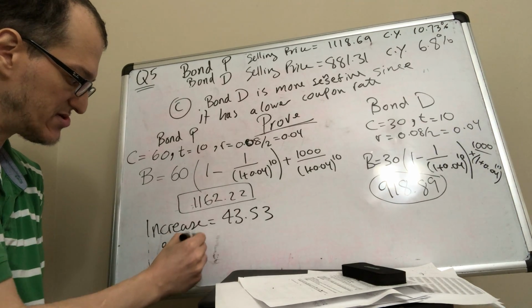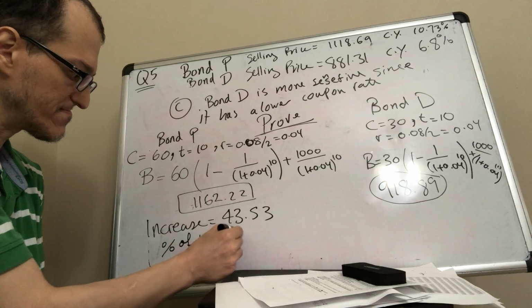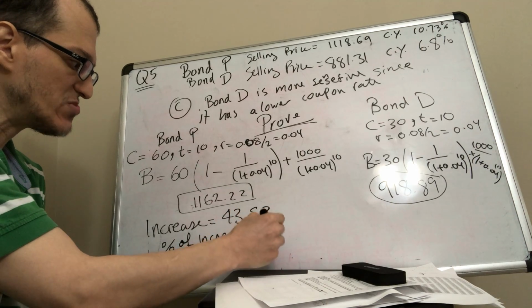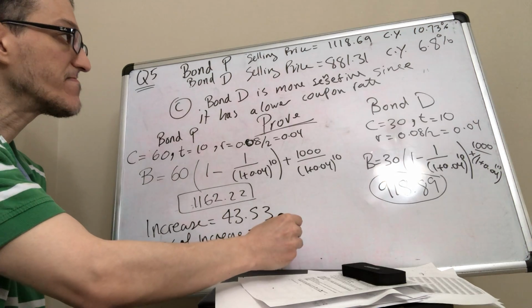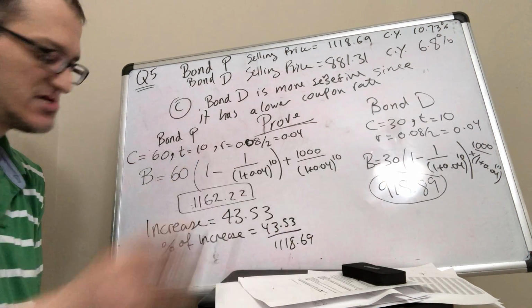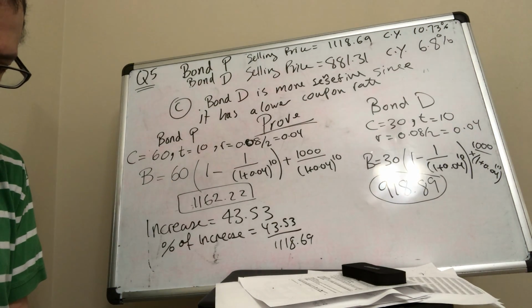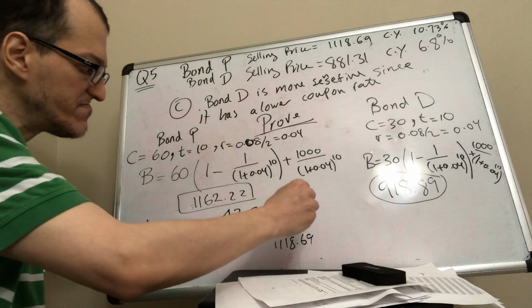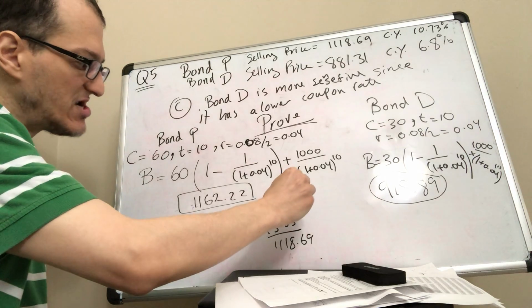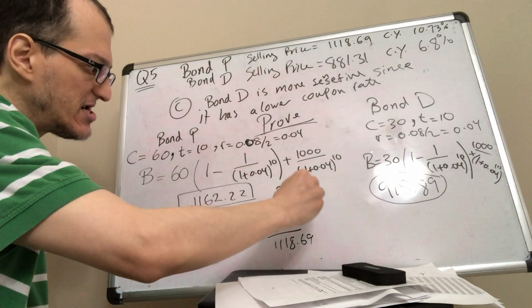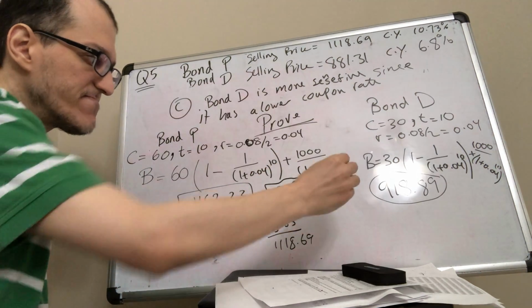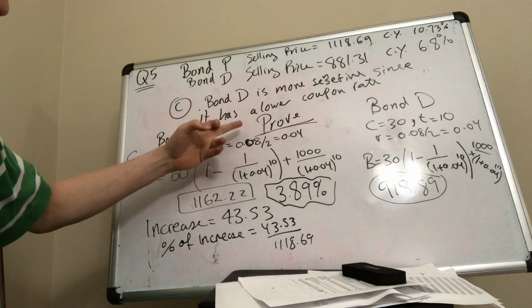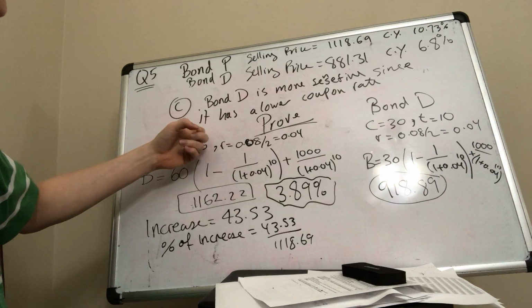Percentage of increase, we take whatever the increase is over the original. So you divide this by 11,1869. So this one changed by about 3.89%. That's the change that happened to the first one, P.